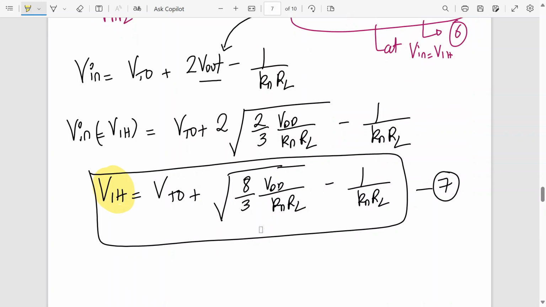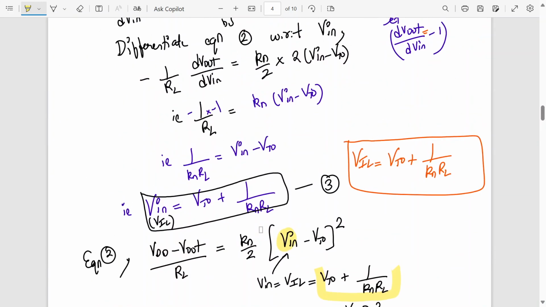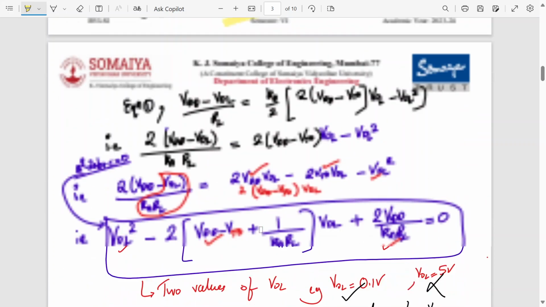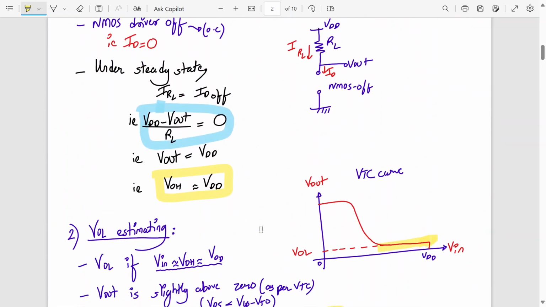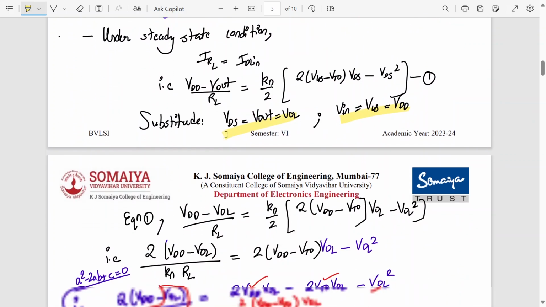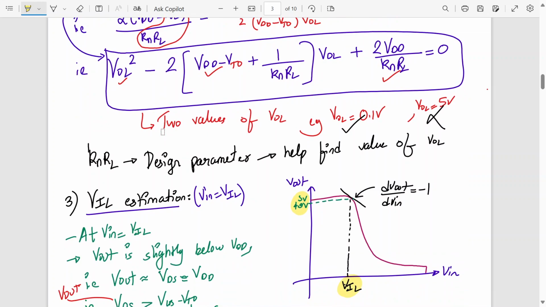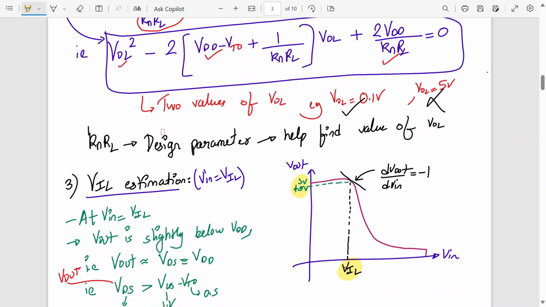Okay, so let us summarize. We first got the expression for VOH, which was equal to VDD. Then we got a quadratic equation for VOL. From the two values we can find the one closer to the real parameter.